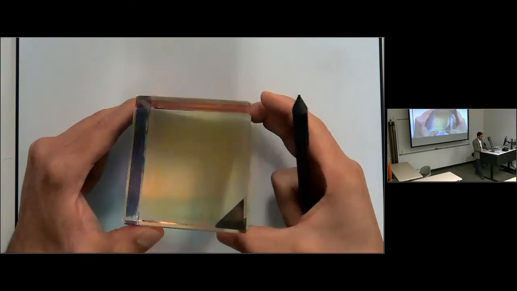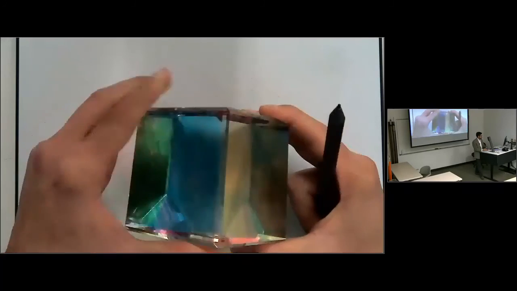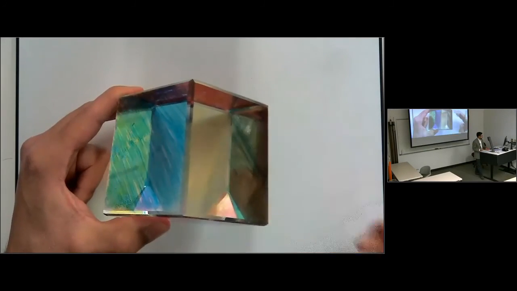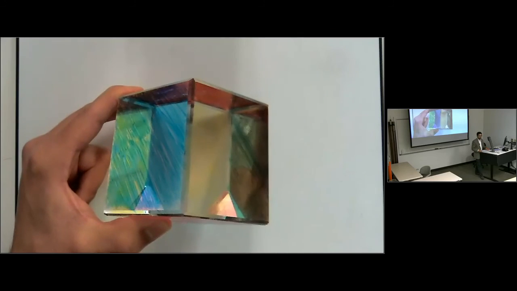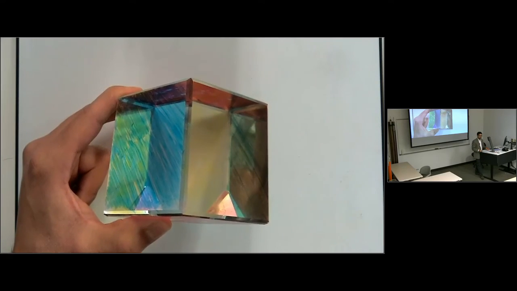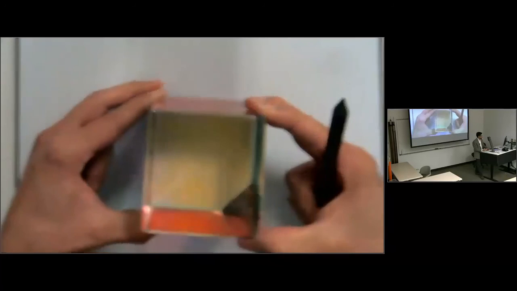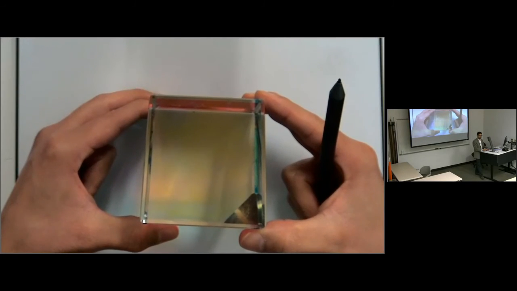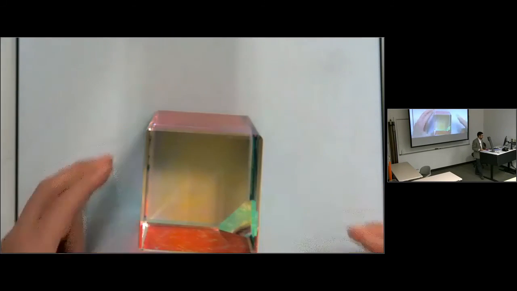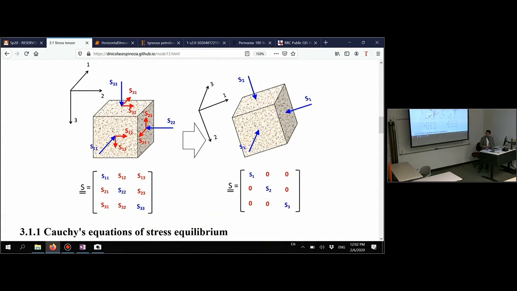But it depends on which direction you look at, and you will have more colors or more combinations. But the true nature of the cube is just 3 colors. And it's exactly the same with the stress tensor. If you look with the right coordinate system, you will get just 3 values, the principal stresses.